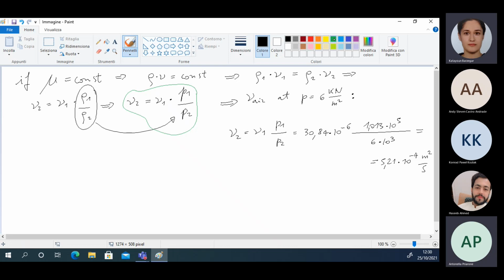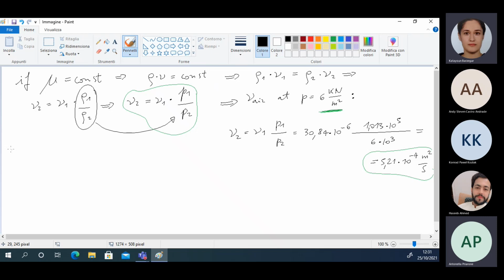This is the new value of the kinematic viscosity at the pressure of my case, that is 6 kilonewton per square meter, which is different than the atmospheric pressure. With this value, I can calculate the Reynolds number. Up to this point it is clear, it is only applying the ideal gas law to estimate the viscosity in situations different than the value provided by the tables.